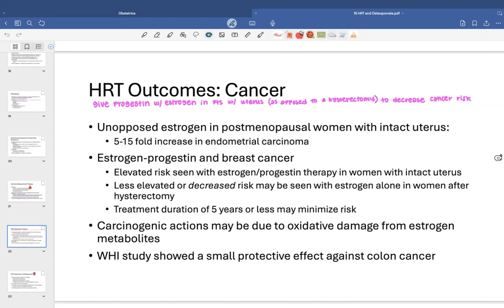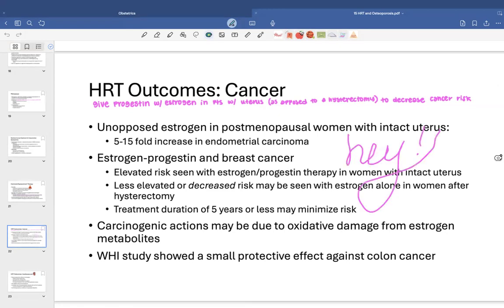Limiting hormone replacement therapy in postmenopausal women to 5 years is where the breast cancer risk remains within acceptable limits. Beyond that, that risk goes too high. What we think is that oxidative damage from estrogen metabolites and obviously feeding hormone-sensitive breast tumors are contributing.